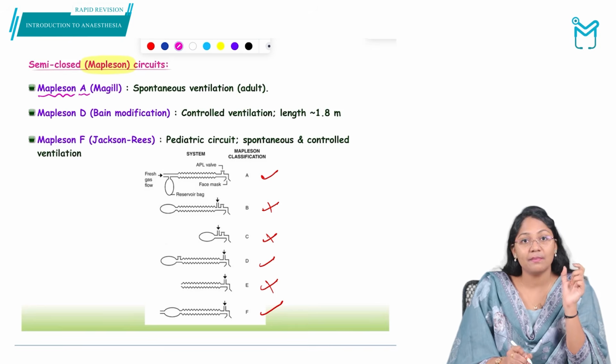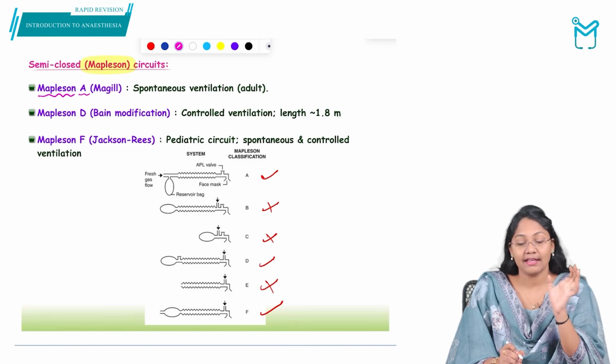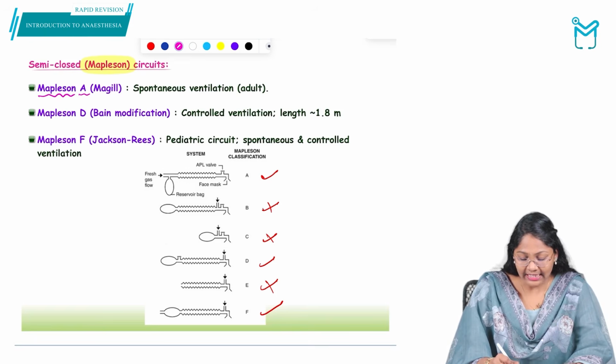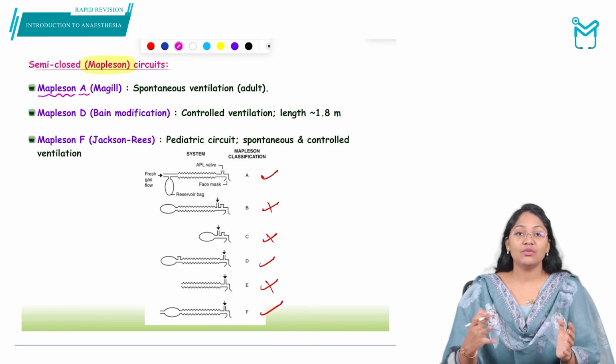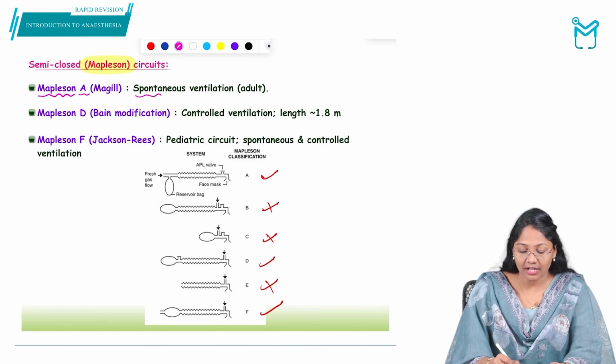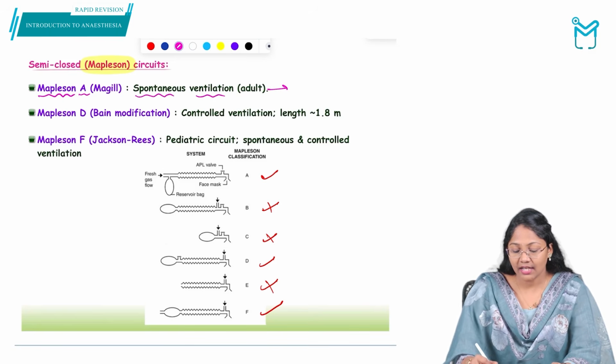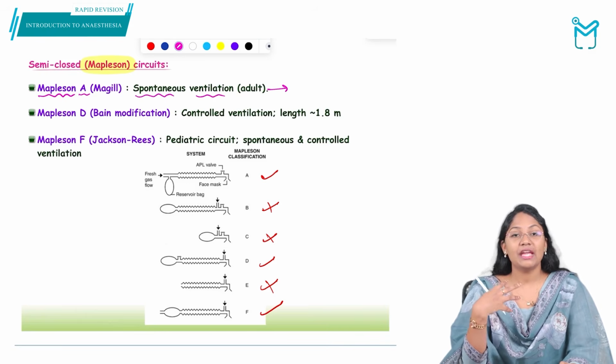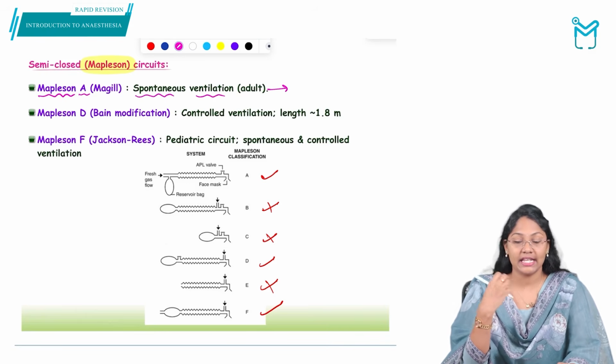So we call it Mapleson A as well as Magill circuit. We use this for adult patients, so we give spontaneous ventilation. What does spontaneous ventilation mean? It is nothing but the patient is able to ventilate.